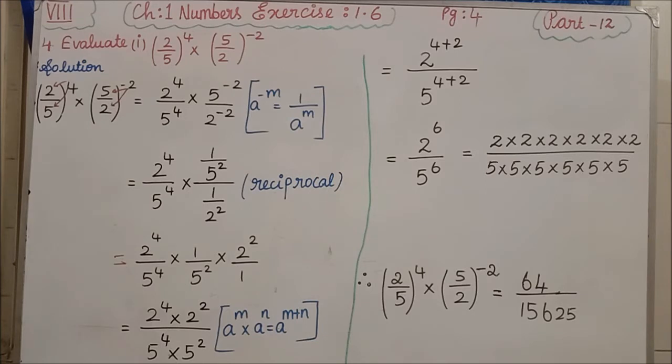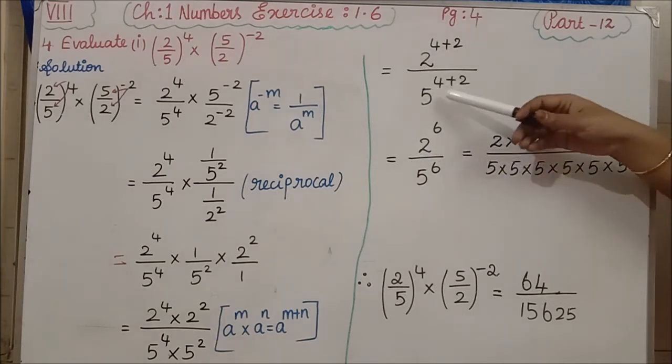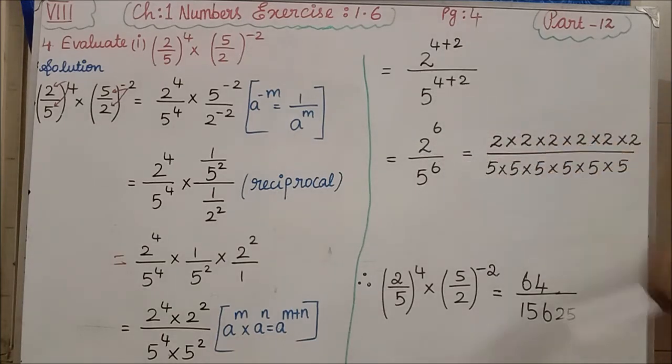Here what formula is there? A power m into a power n is equal to a power m plus n. Clear students, all of you? So 2, 4 plus 2 is 6, divided by 5, 4 plus 2 is 6.